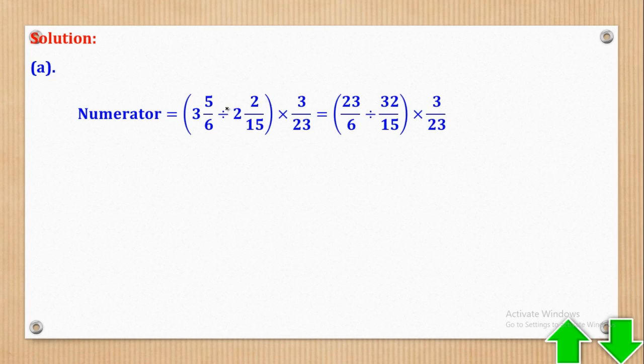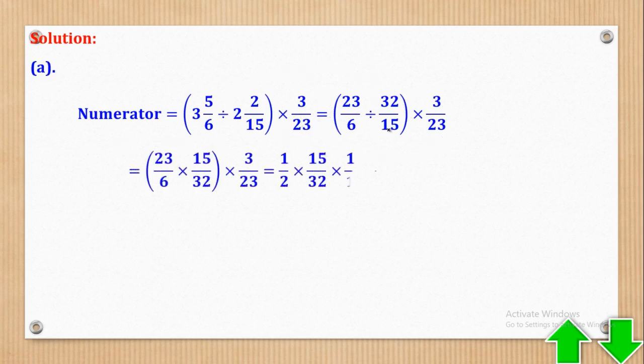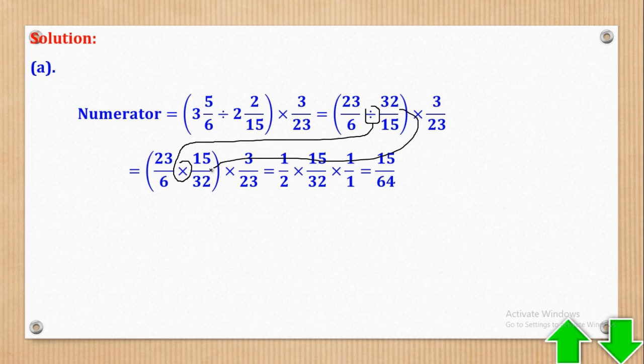The symbol is still maintained, which is division, and after that we shall copy the whole of this and put it here. So now next is to change this division to turn it into a multiplication sign. Now for you to do that, this one must also become a reciprocal. So what do I mean by reciprocal?